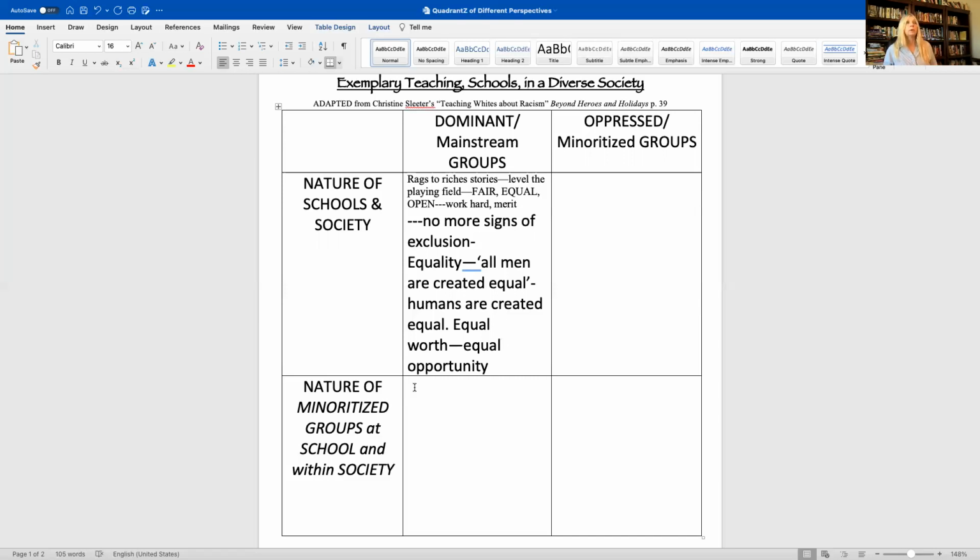We have these stories about equality and freedom and liberty and justice, right? Doesn't that sound like us in the United States? That's our whole historical narrative. 4th of July comes around, you hear a lot more talk about that because these are the stories that we tell about ourselves, how we understand ourselves.